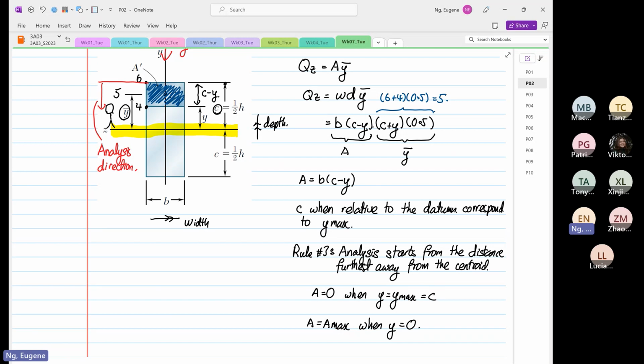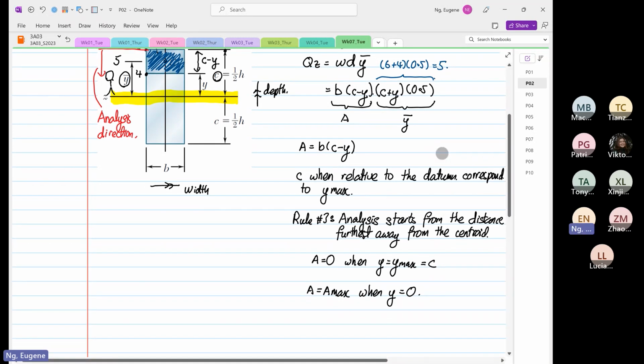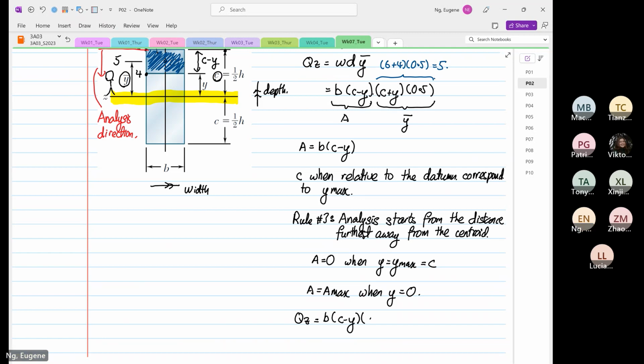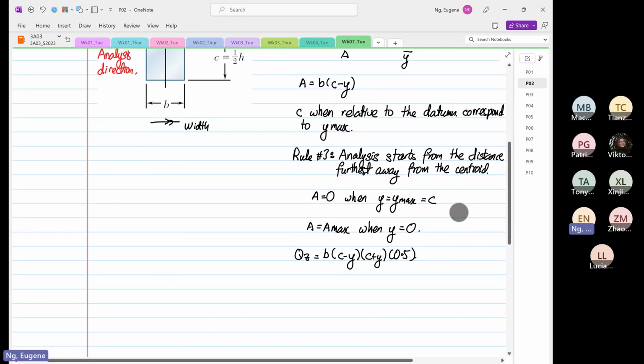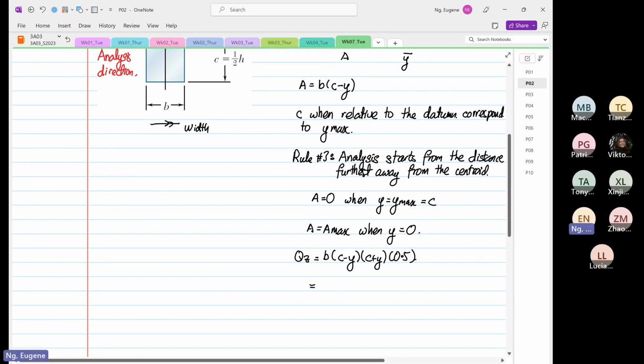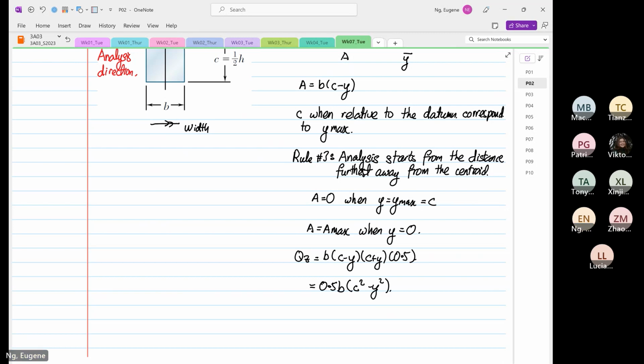I want you to observe this. So now coming back to our equation for the first moment of area, QZ is equal to B times C minus Y times C plus Y multiplied by 0.5. If we tidy up this equation, the function for the first moment of area is 0.5 B times C squared minus Y squared.